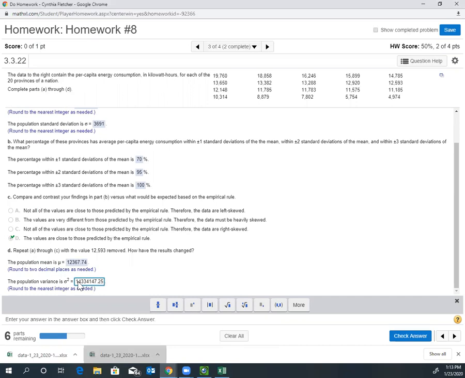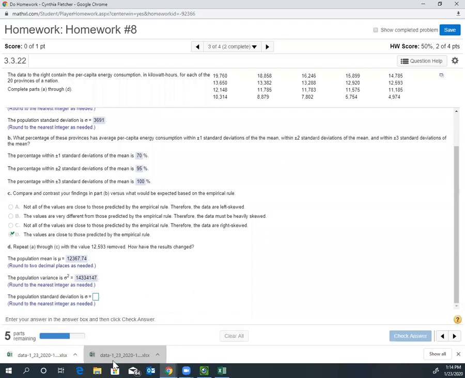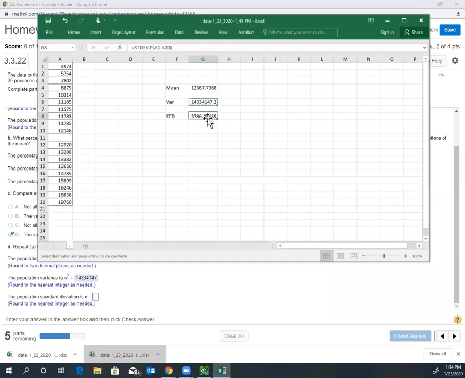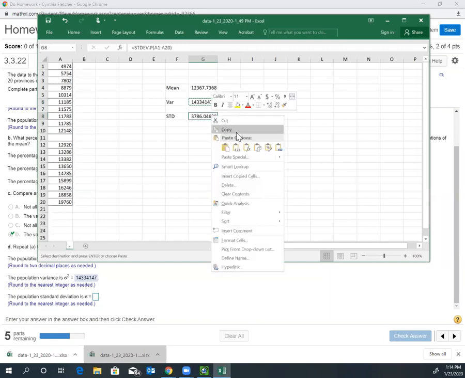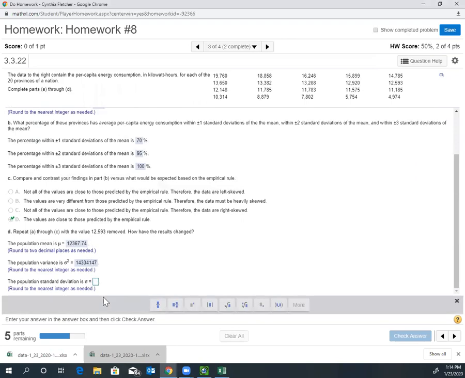And it says to round to the nearest integer. So we're going to take off the decimal. And lastly, our standard deviation. And take off your decimal.